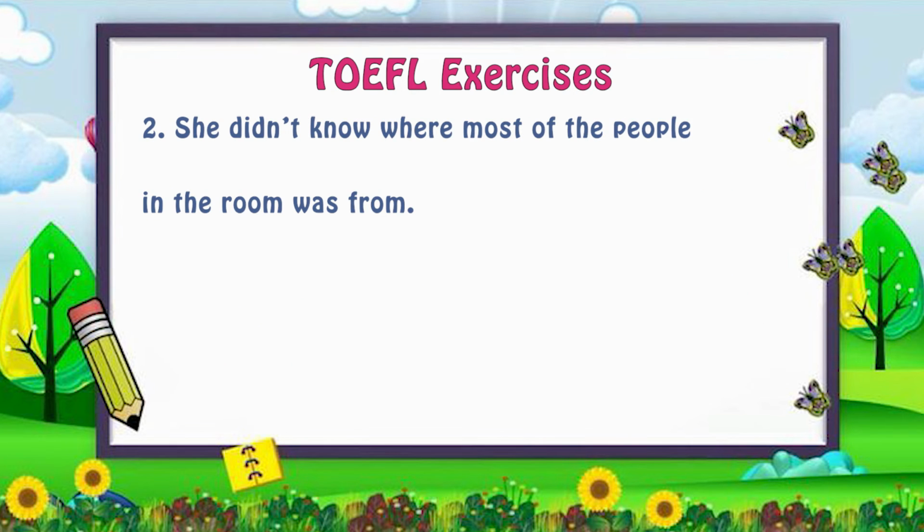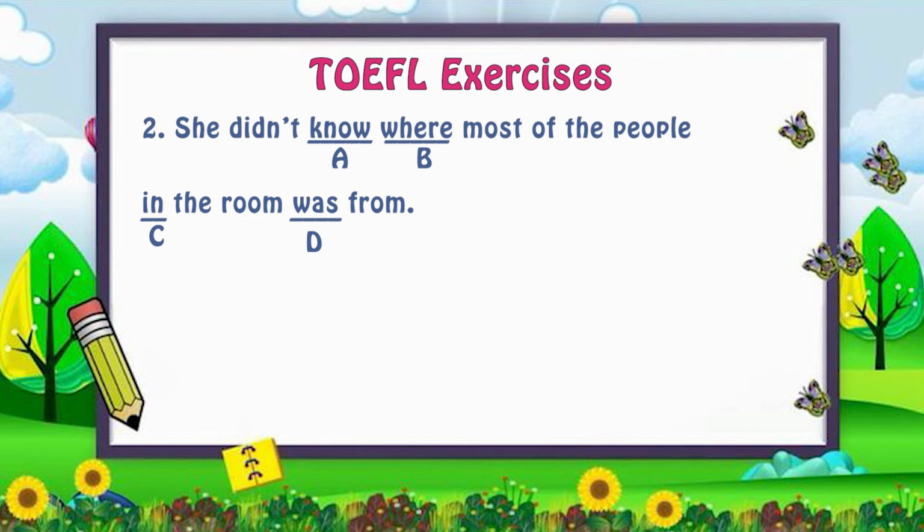Now let's pay attention to the second example, which is for error identification. Pay attention to the sentence. She didn't know where most of the people in the room was from. Let's see the underlined words: know, where, in, and was.